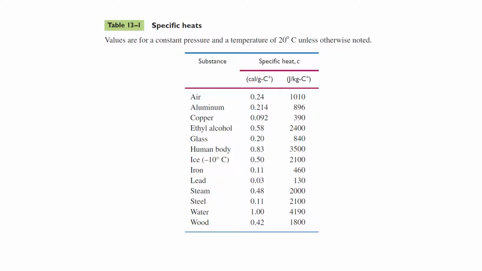Here is a copy of the table that is in your textbook. And I just want to point out some interesting things here. These values are for constant pressure and a temperature at 20 degrees Celsius unless otherwise noted. So for example, the ice value has a different temperature given. A couple of things I want to highlight here.